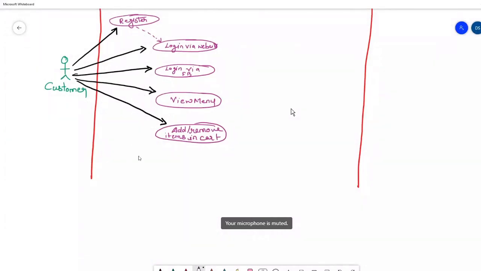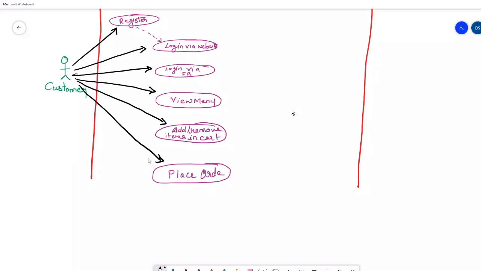When the decision is final, the next process would be place order. I have placed the order. Now, when the order is placed, I would have to do the payment. So the next step would be make payment.